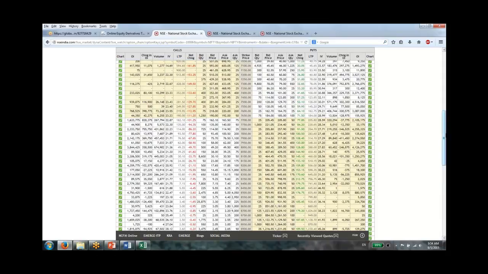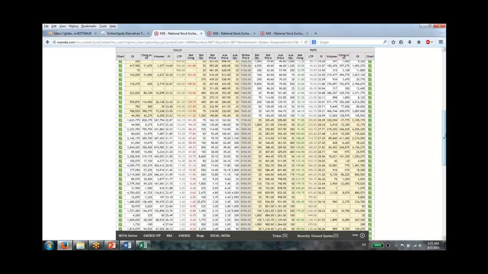Now the question is, what is the relationship between the call delta and put delta? It's not important to know the relationship between the call delta and the put delta, but you need to understand the characteristics of the call delta and the put delta. So what is a call delta? Call delta is essentially trying to measure the rate at which the price is going to change given a 1 rupee increase in the underlying asset.